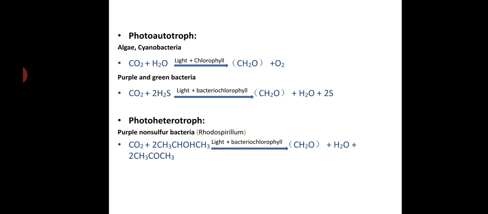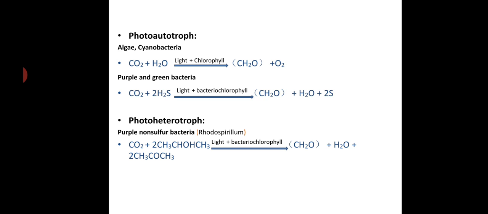The purple and green bacteria react carbon dioxide with hydrogen sulfide, with light and bacterial chlorophyll, and synthesize carbohydrate, and water plus 2 molecules of sulfur is released.